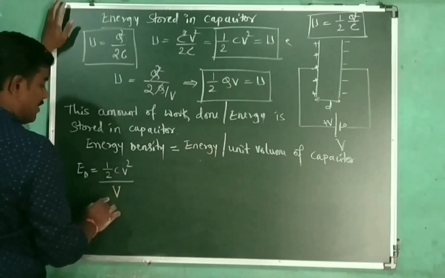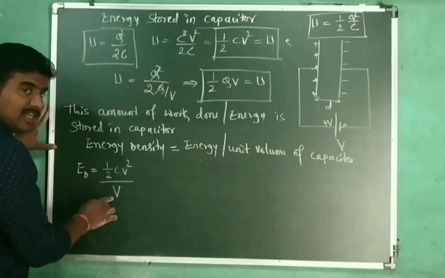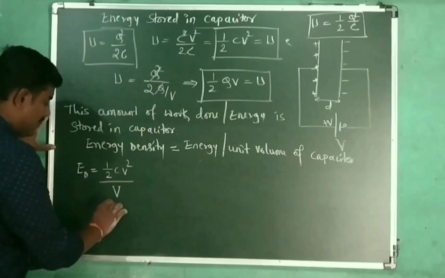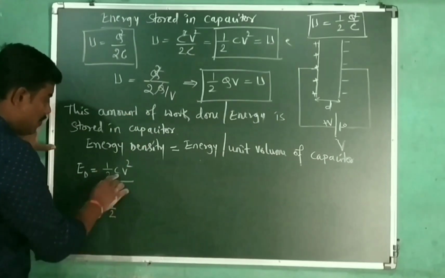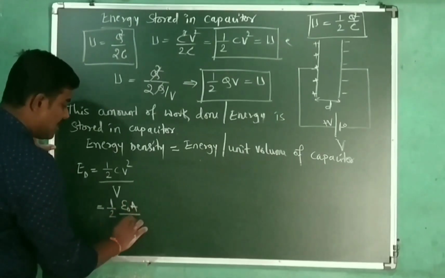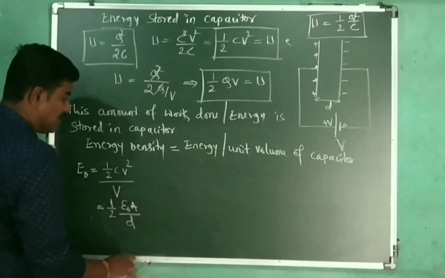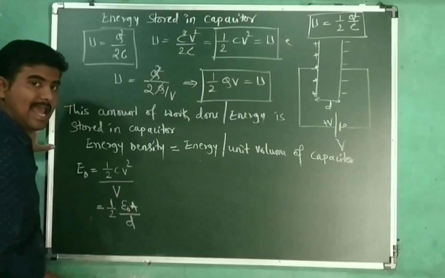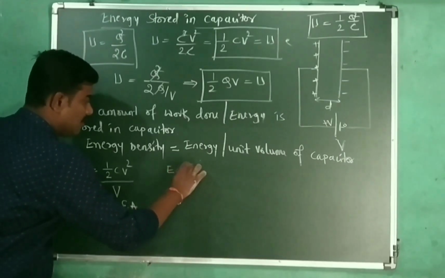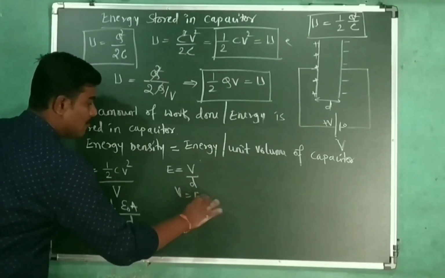Volume is capital V, and remember this V is potential and this V is volume of the capacitor. Therefore I can write it as 1 by 2, capacitance of parallel plate capacitor is epsilon naught A divided by D, and V square is what? Potential. What is the relation between potential and electric field? See here, E is equal to V divided by D, therefore V is equal to E into D.